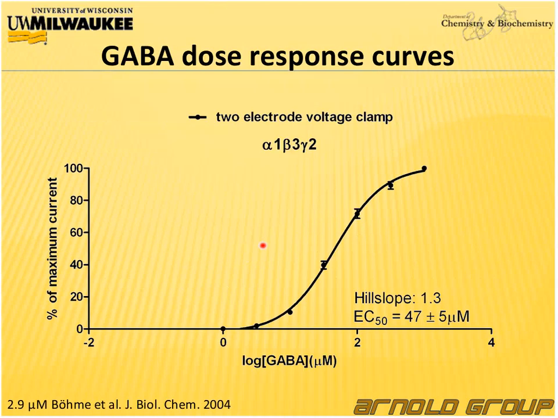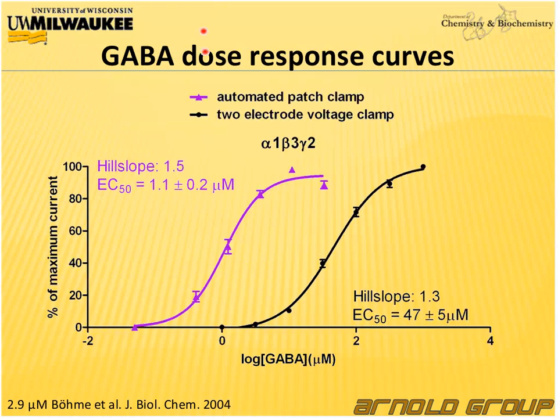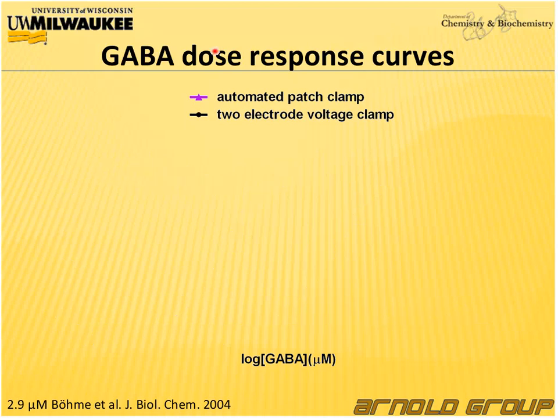So what I show you here is the first piece of data where we have the alpha-1, beta-3, and gamma-2 GABA-A receptor, and for the manual 2-electrode clamp assay, we see an EC50 of around 47 micromolar, and with our automated patch clamp assay, we find an EC50 of 1.1, which is closer to the reported value in the literature from Böhme in JBC in 2004.